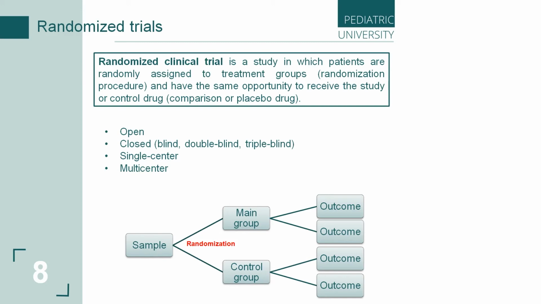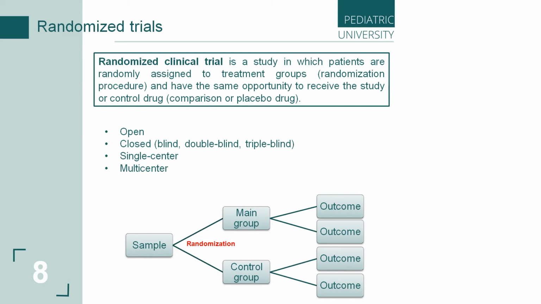faster. If we sketch out these studies, we have a representative sample that is randomly selected from the population, or we can say from the general population. Then we randomly divide it into a main group and a control group.